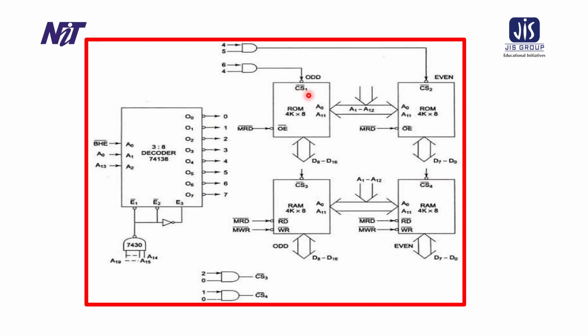Similarly CS1 bar, 4 and 6 are connected, and CS2 bar, 5 and 4 are connected. This is connected from the output of this line. So the question is coming, why 8086? Obviously 8086 is there because this address line is connected with the 8086, this data line is connected with the 8086, and this control line is connected with the 8086. Only for the complexity of the diagram I'm not putting it over here.